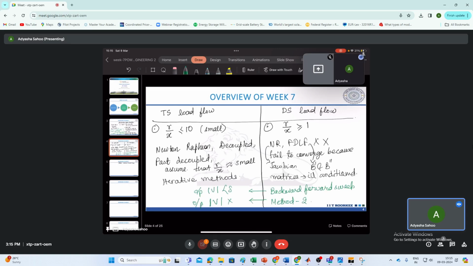And another thing that I forgot to tell you here is that the topology for the transmission system is mostly meshed, right? Whereas for the distribution system, the topology is radial or sometimes weakly meshed.